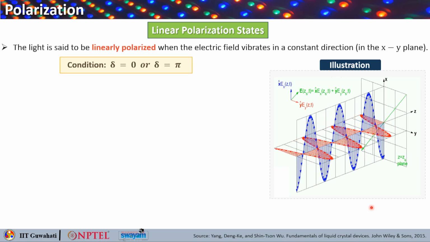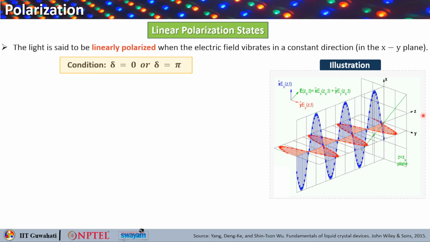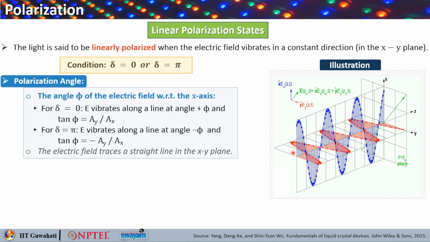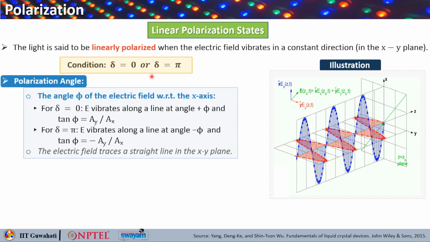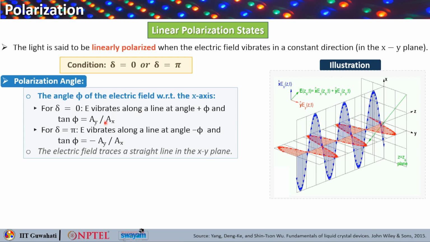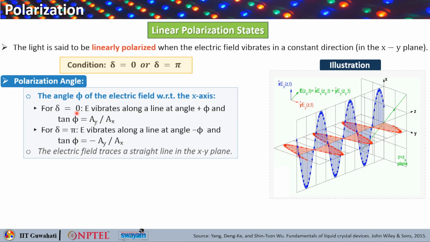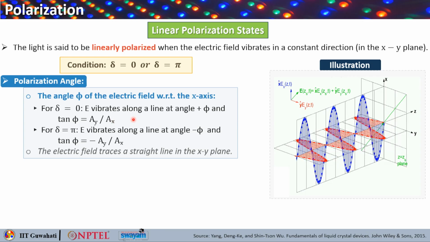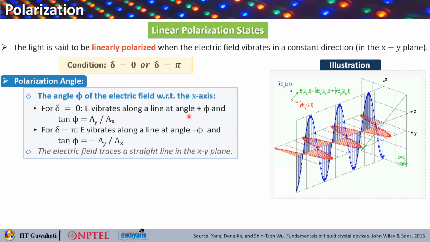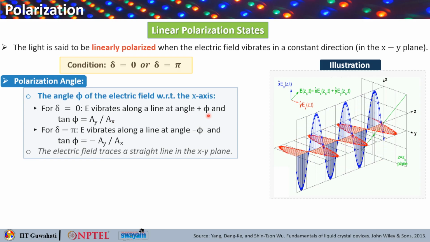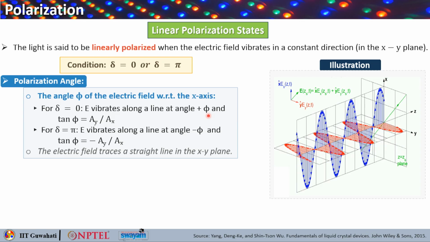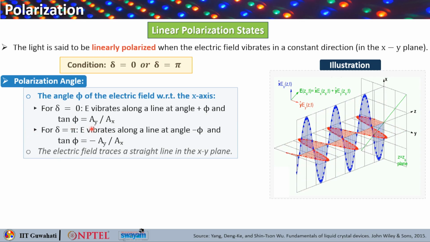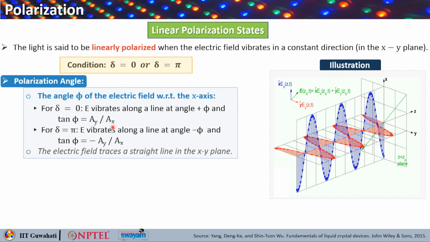Once again, what is the condition for linear polarization? The phase difference between these two components, x and y component, should be 0 or pi. When you have 0, that means the electric field vibrates along a line at angle plus phi, and you have tan phi equal to Ay by Ax.